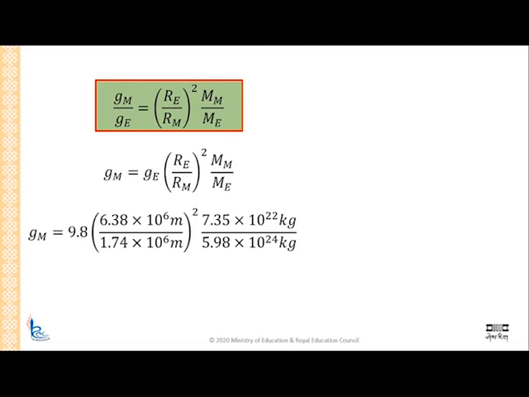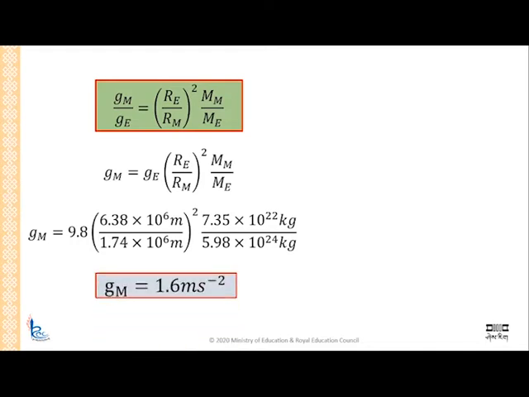Now putting the values, we have g_m is equal to 9.8, that is the acceleration due to gravity on the surface of the earth, times the radius of the earth, 6.38 times 10 to the power 6 meter, divided by the radius of the moon, 1.74 times 10 to the power 6 meter, whole square, times the mass of the moon, 7.35 times 10 to the power 22 kg, divided by 5.98 times 10 to the power 24 kg.